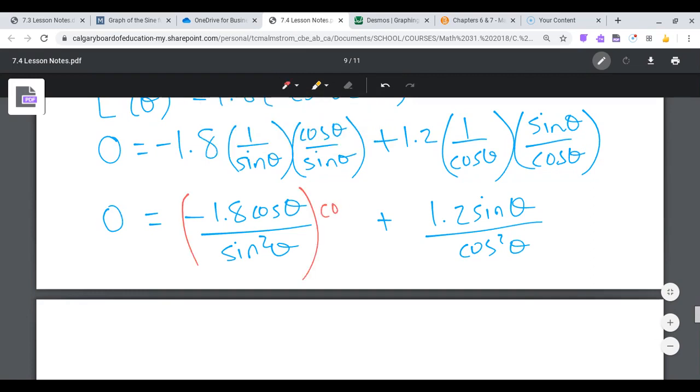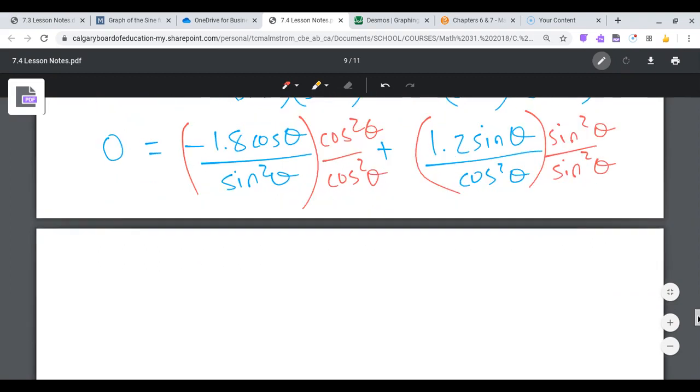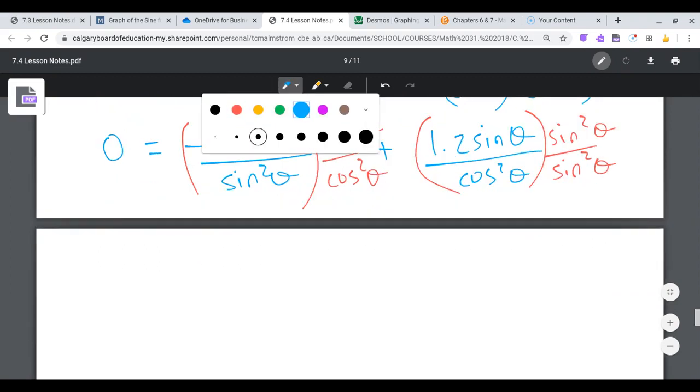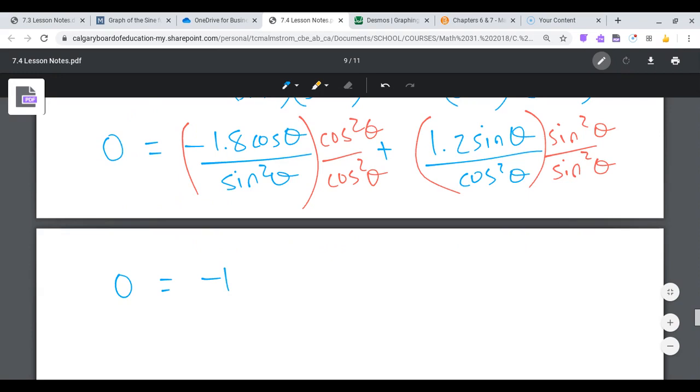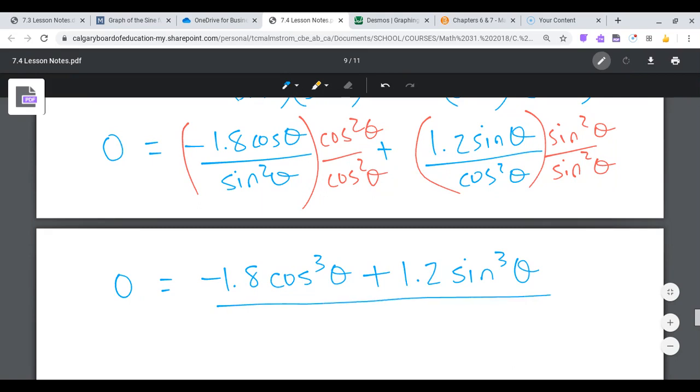So I'm going to multiply this first one by cos squared and multiply the second one by sine squared, and that leaves me with 0 is equal to negative 1.8 cos cubed theta plus 1.2 sine cubed theta all over that common denominator that I just made, cos squared theta, sine squared theta.